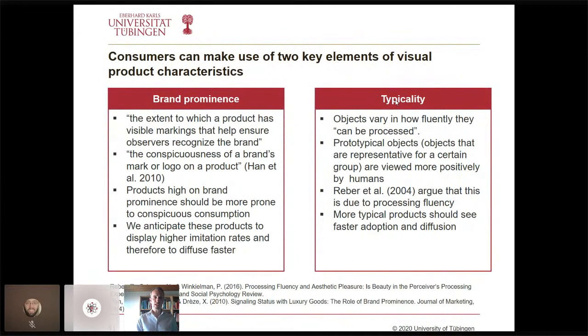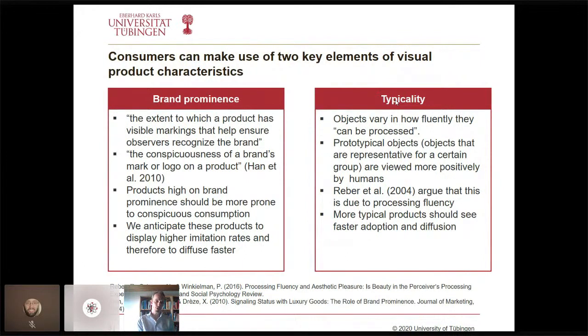And if we think about this conspicuous consumption and how consumers can make use of visible products to construct meaning about themselves and communicate this meaning to their social environments, we argue that there are two components that they can use, two key elements. And one key element concerns the brand, the manufacturer of this product.